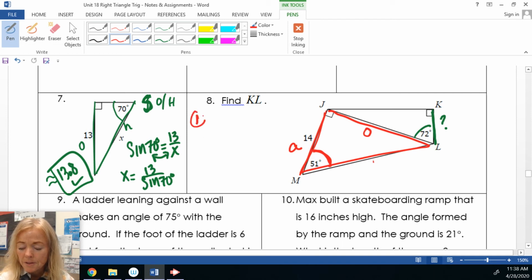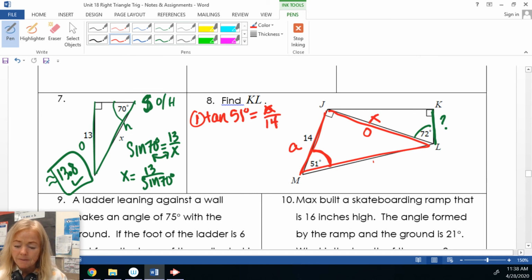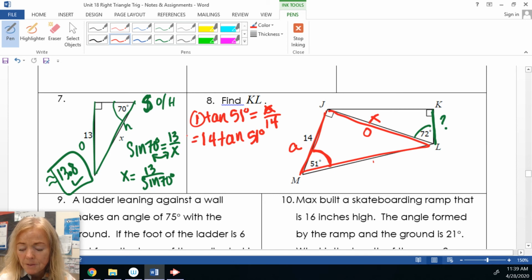So first, you'll do the tangent of 51 degrees is equal to the opposite, which we'll just call x, over 14, the adjacent. Once you multiply by 14, you'll have 14 times the tangent of 51 degrees is equal to x. Figure out what that is, 14 tangent 51, and that is 17.29.